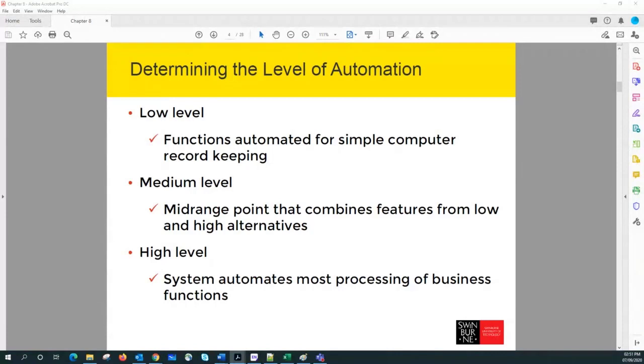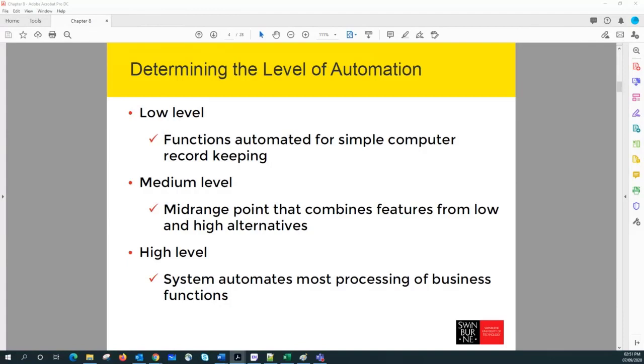Now, when it comes to high level of automation, usually this occurs when the system takes over as much of the processing as possible, so the user has much less engagement and less processing has to be done by the user.